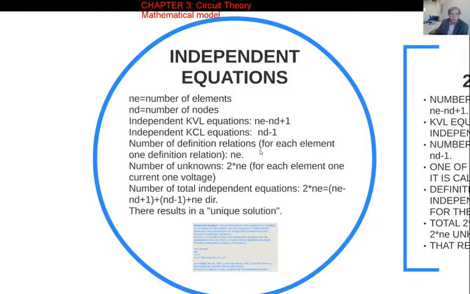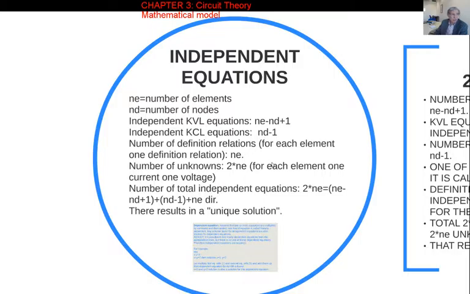For each element there is one definition relation, so the number of definition relations for the elements is NE. When we add those up, we end up with 2NE. 2NE is the number of independent equations that we are going to write, and our unknowns are also 2NE. Why is that? We have NE elements, and the unknowns are the currents and voltages of these elements.